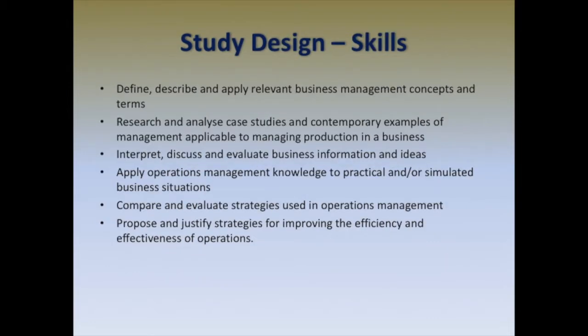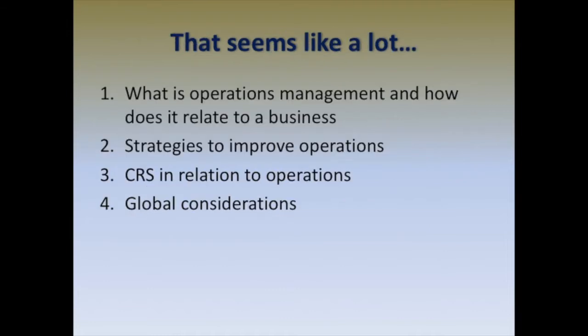Alright, key skills as well. Alright, so all of that seems like a lot. But really you can sort of break it into probably 4 areas. Okay? What is Operations Management and how does it relate to a business? Strategies to improve that operations process, and we'll look at 4 specific strategies.